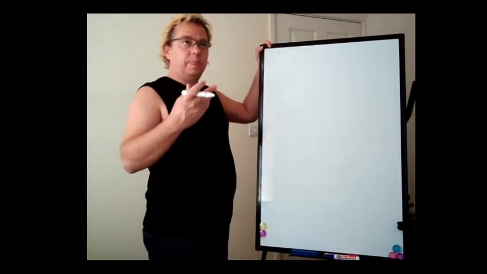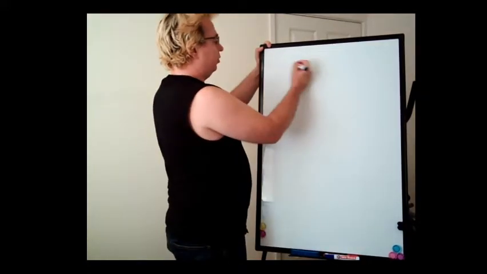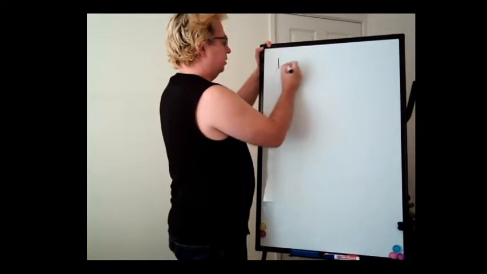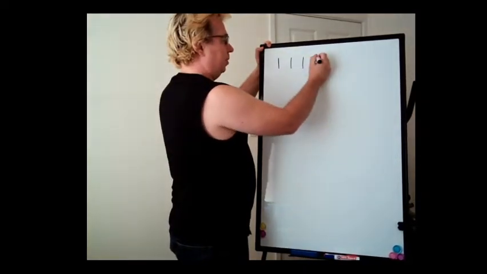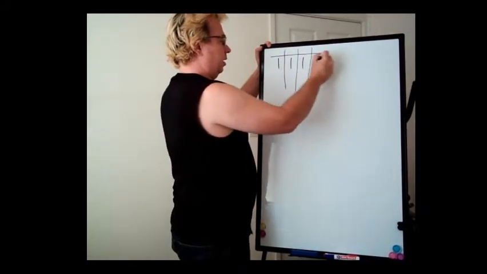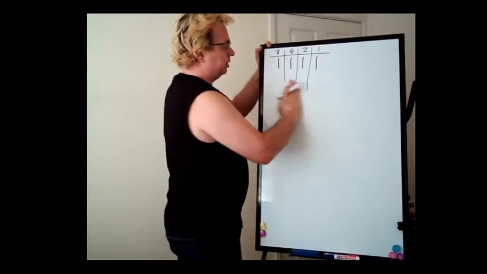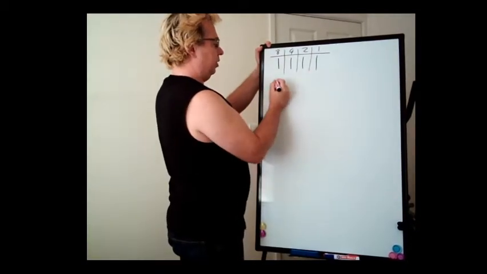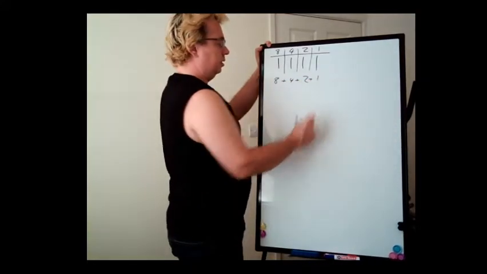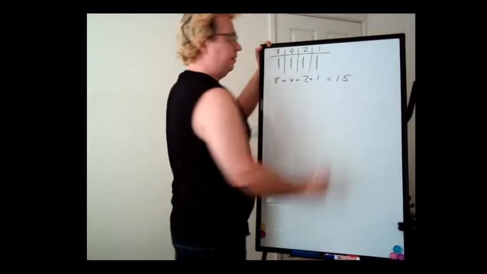Essentially, if you're trying to write down binary numbers, if you use a nibble, which is 4 bits, and we turn all of our 4 bits into the number 1, and then we put in the values along the top here, we can see we've got 8 plus 4 plus 2 plus 1, which gives us 15.